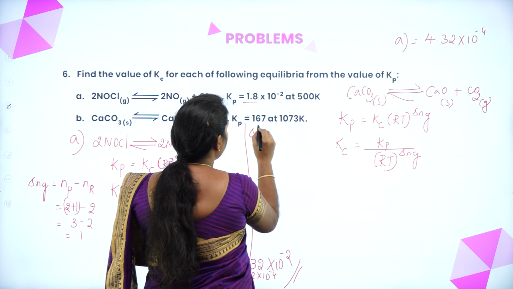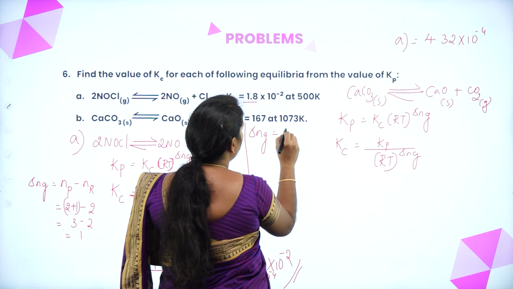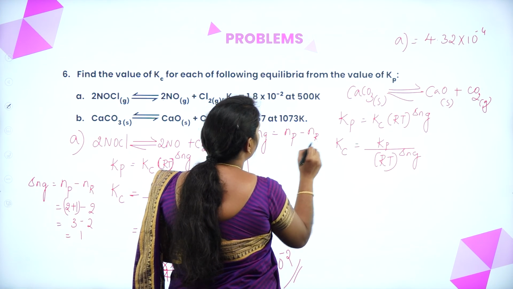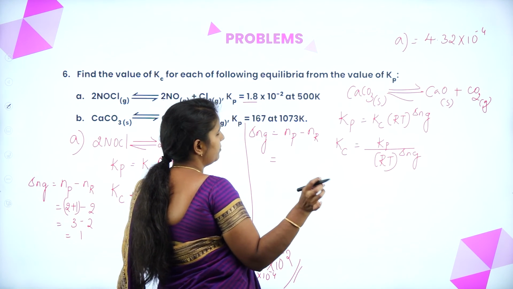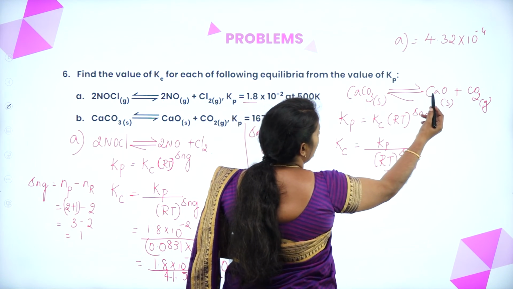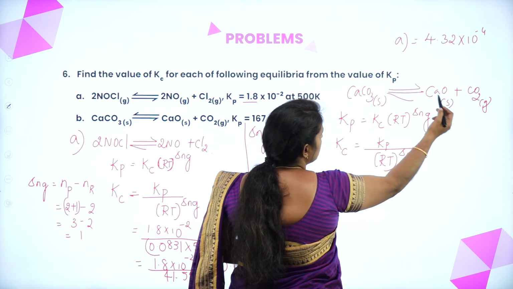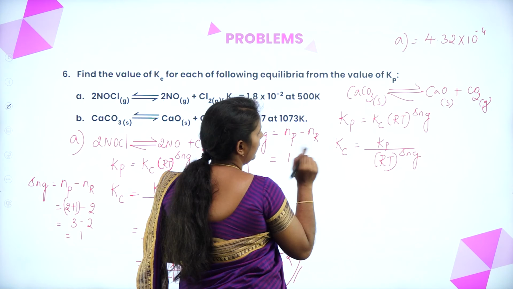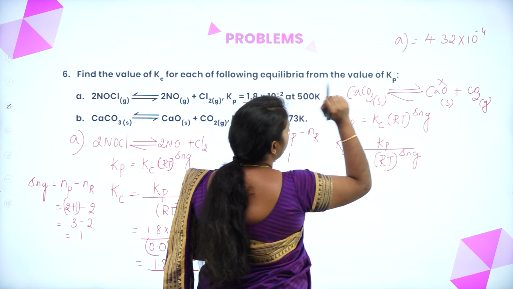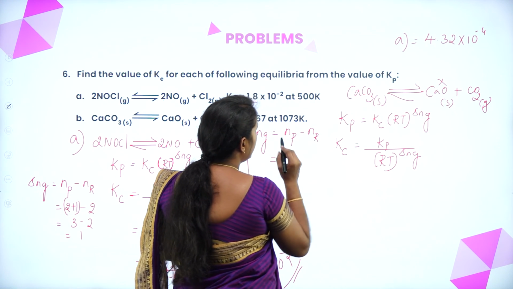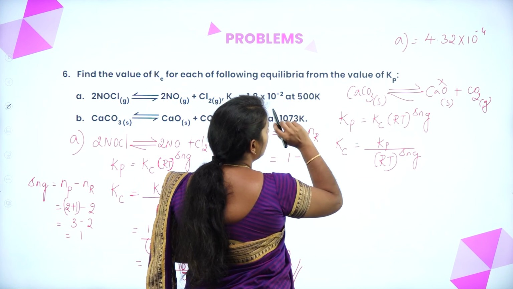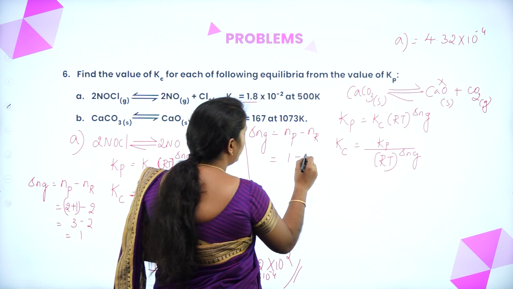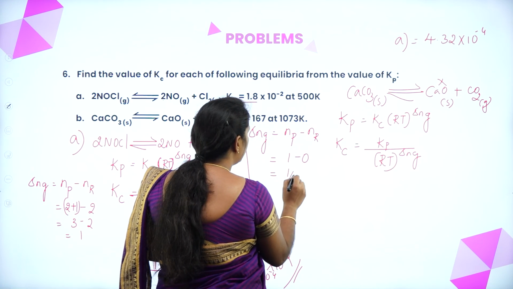What does delta Ng say? It is the number of moles on the product side minus the number of moles on the reactant side, and that should be in the gaseous state. On the product side, one is in the solid state, so it is not applicable for solids. The reactant side is in the solid state only, so I'll put 0. So delta Ng is equal to 1 only.